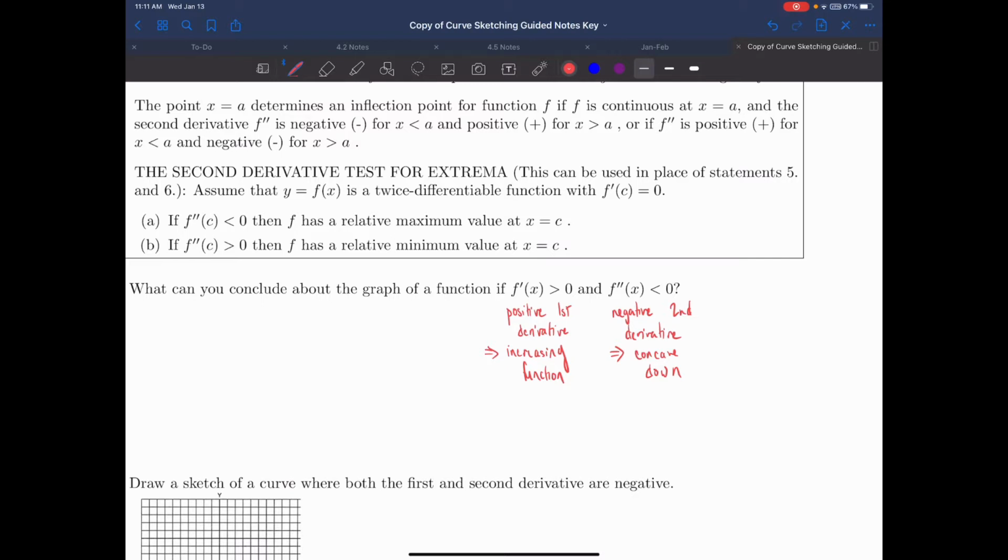Those are ways to translate what you're looking at. So you can conclude about the graph of a function f of x: f of x is increasing and concave down.